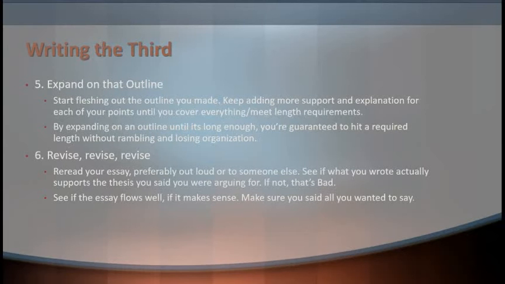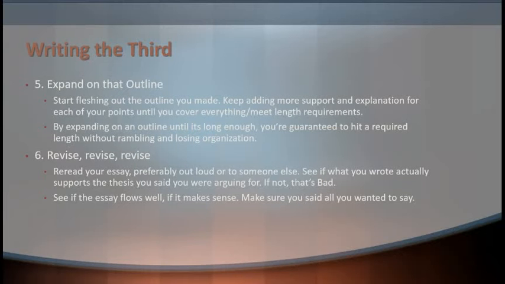Next, in order to actually keep writing out the paper, I recommend that you take that outline and just start expanding on it. So at this point, you've picked what you're writing about, or you've clarified it from the prompt, you've done your research, you've made a thesis statement, and you've outlined the skeleton version of your essay. If you go back and start fleshing out that outline with more and more points, if you made 1 sentence on each of those points, go back and add a 2nd sentence to all of them.